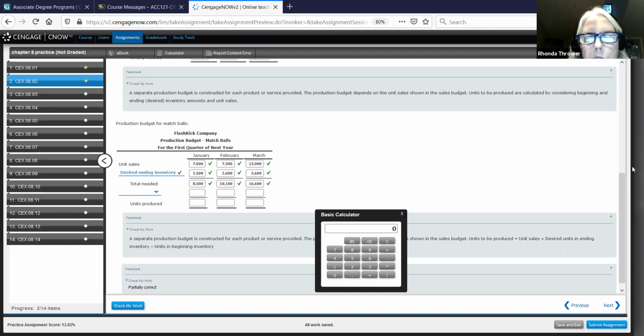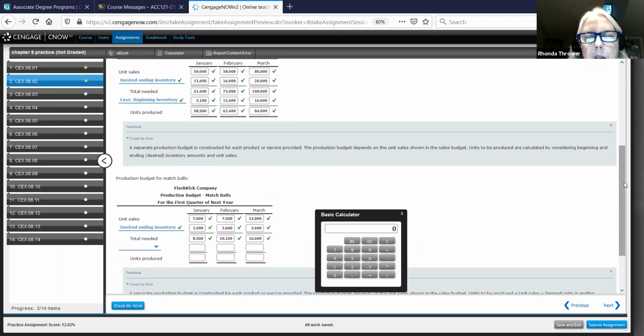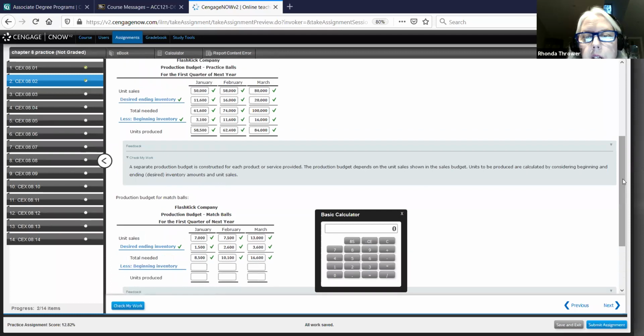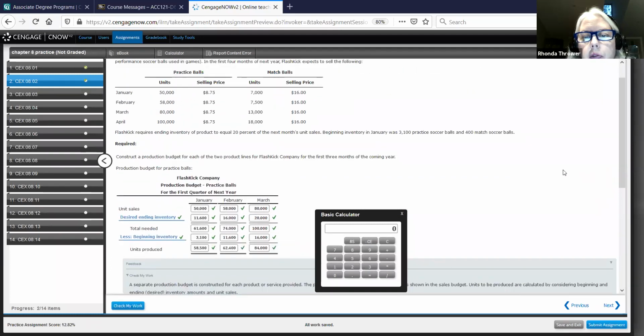And then we're going to less out the beginning inventory. And you have to go to your additional information to find what your beginning inventory was for the match balls. And it was 400.